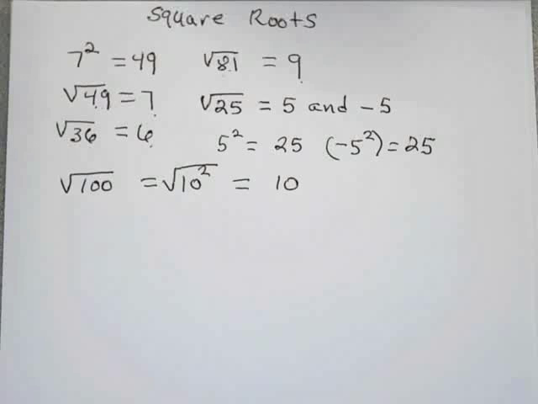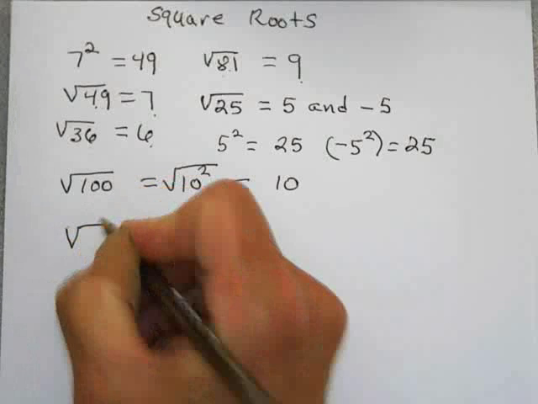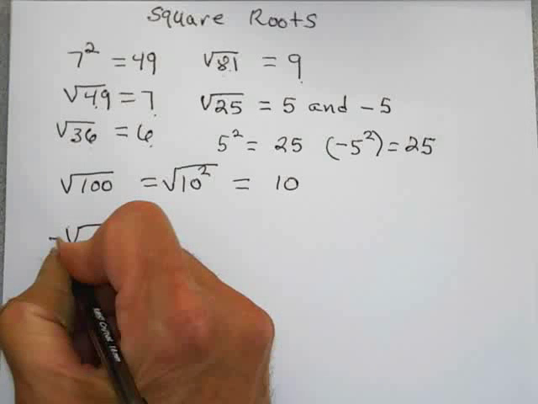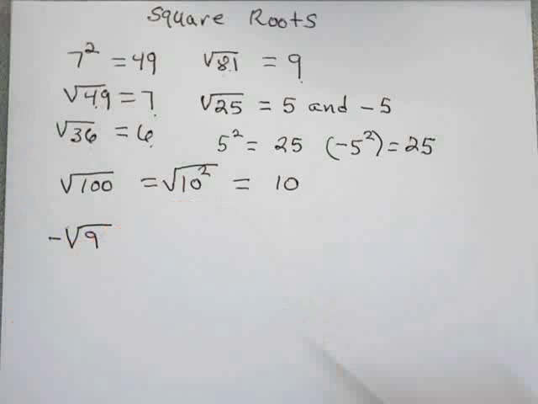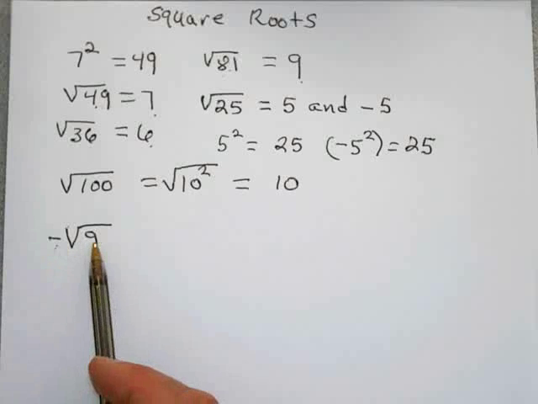All right. Now, what if I wrote something like this? If I wrote a square root symbol, and in front of that square root, I wrote a negative. Well, as some of you may recall, the negative symbol literally means the opposite of. So the question here is, what is the opposite of the square root of 9?